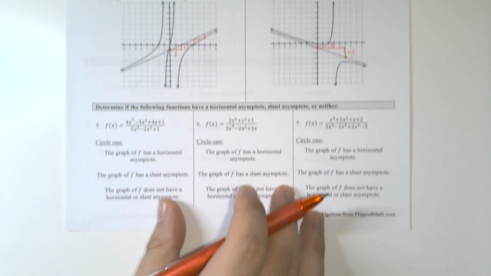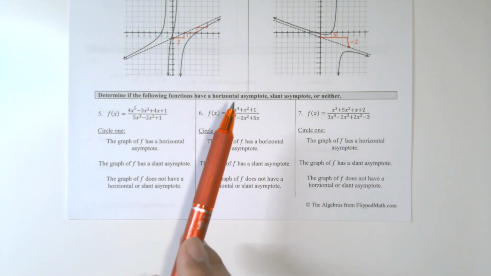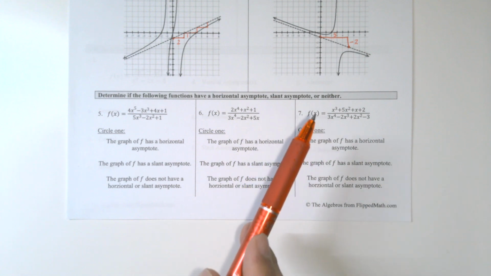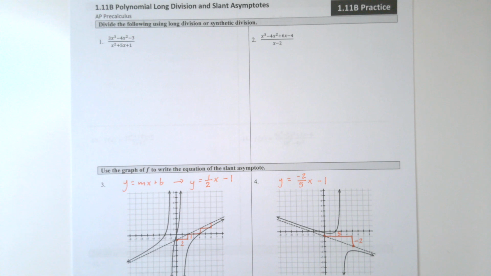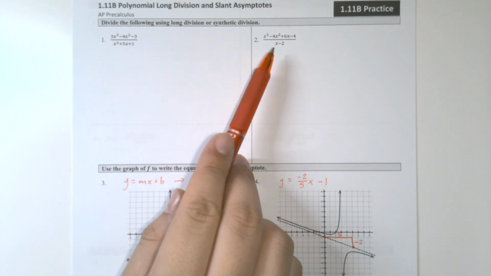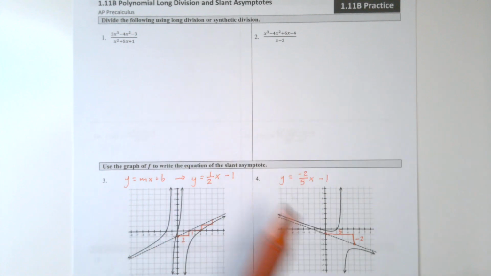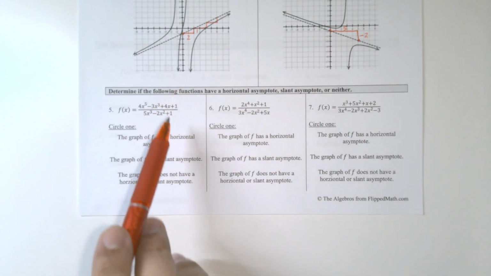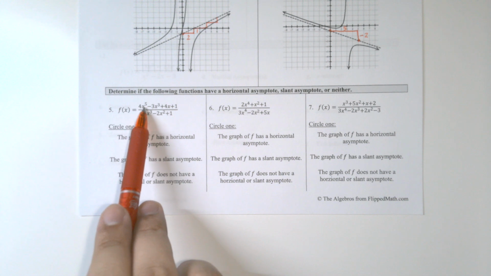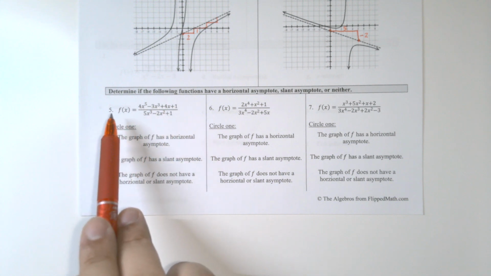And so, how could we determine whether we have a horizontal asymptote, a slant asymptote, or neither? Well, I want to look back at both of these problems up here that we did for 1 and 2. I'll just tell you. Basically, look at the degree of the functions.